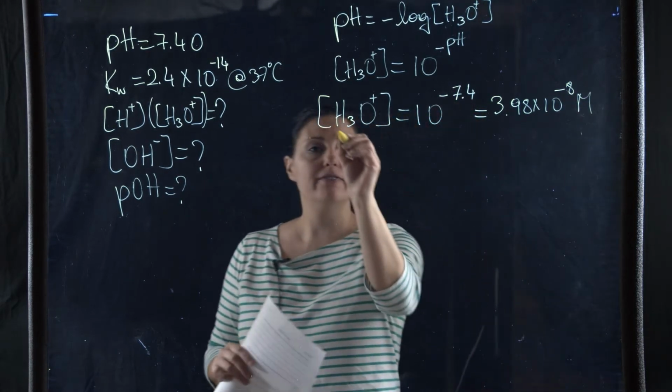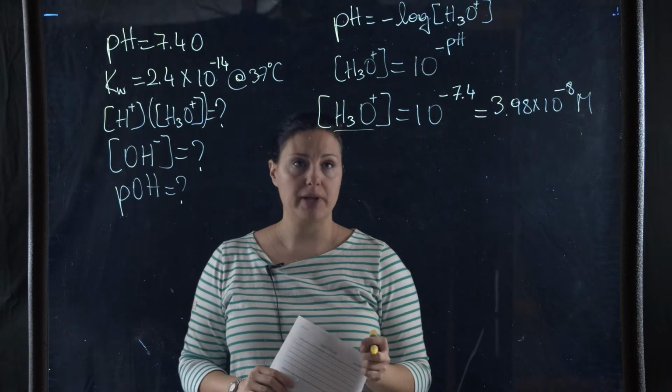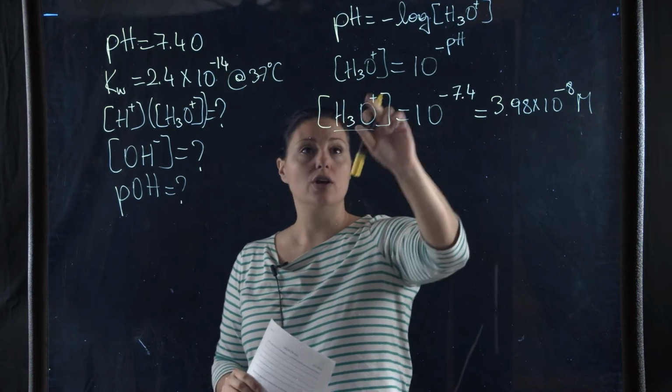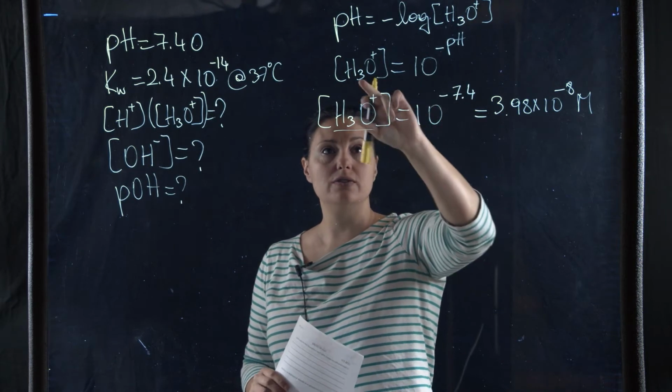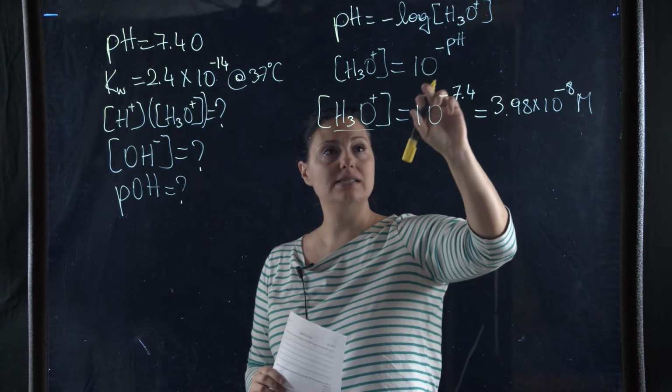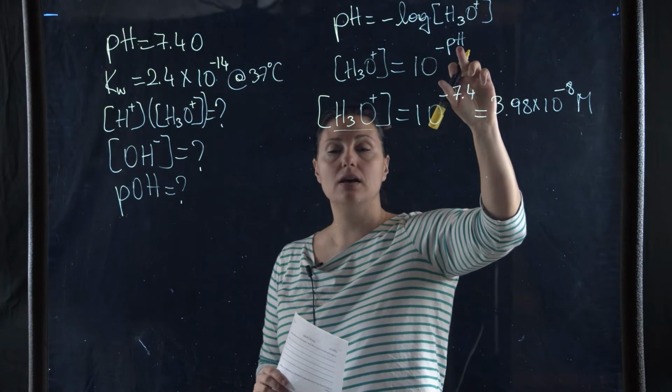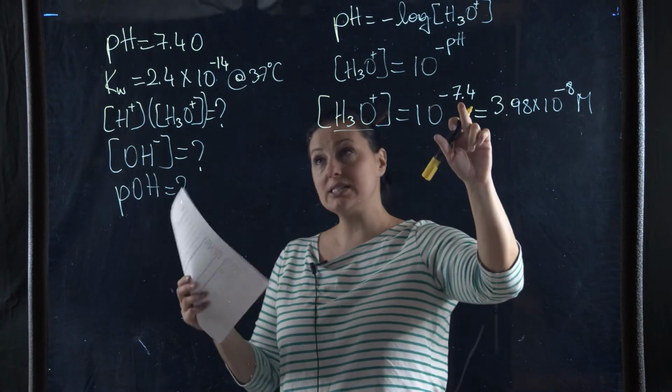So now I figured out the concentration of H3O plus by just using the pH. When you know the pH value, you use this formula. To find the concentration of your acid, you take 10 to the minus the value for the pH, which in this case was 7.4.